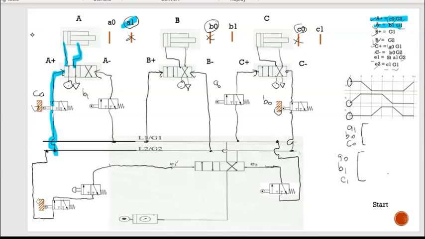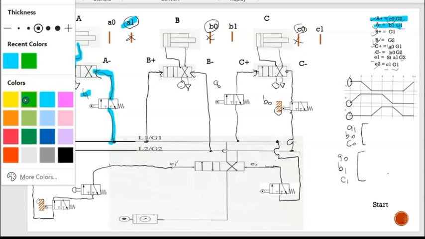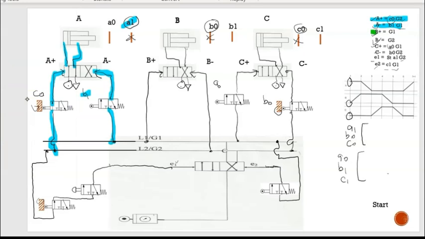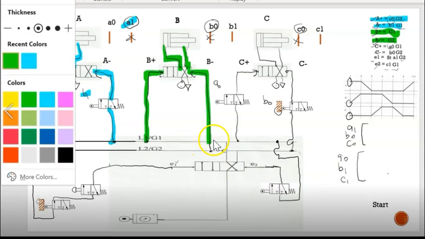Then we check for A minus, it's B1, the normal limit switch, and then it connected to G1. Next, for B plus, we change the color. So very direct, B plus to G1, and for B minus to G2. Don't forget the loops here. I forgot to do the loop here.